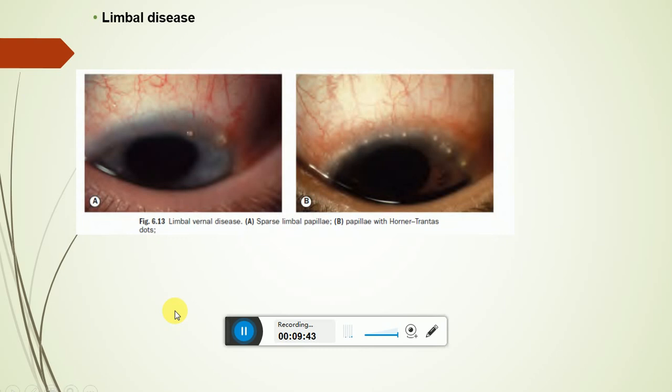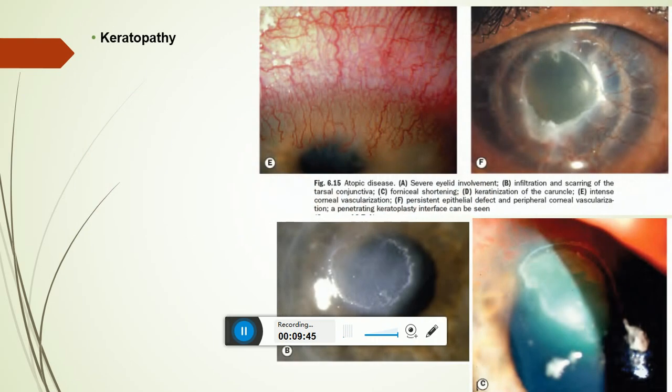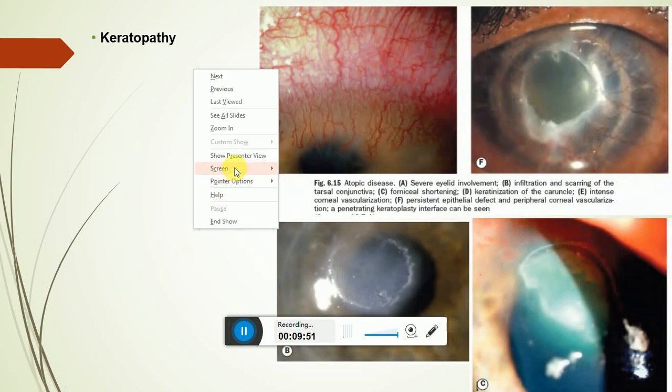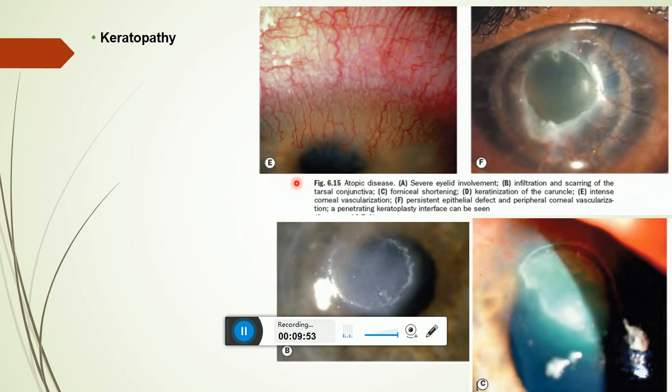The next sign is keratopathy. Keratopathy is more frequent in palpebral disease and may take the following forms.